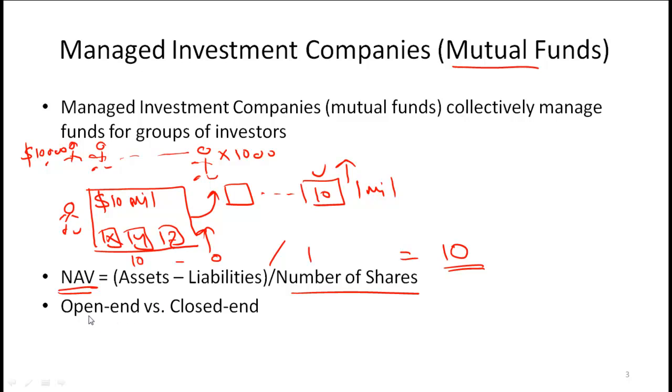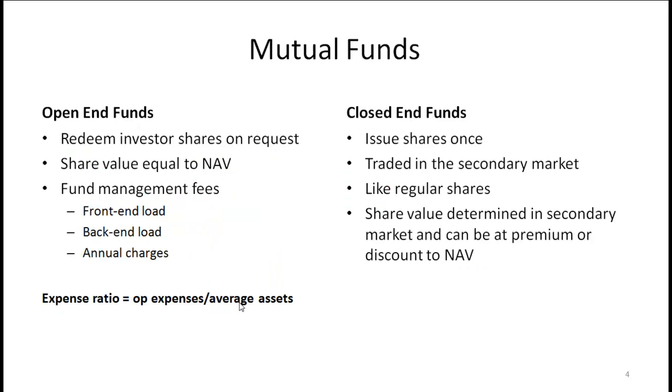We can have two kinds of mutual funds, open-end funds and closed-end funds, and you need to understand the distinction. Most funds are actually open-end funds, and these open-end funds essentially stand ready to redeem investor shares on request.